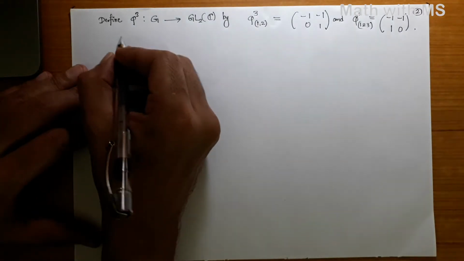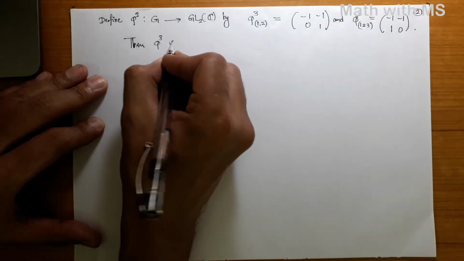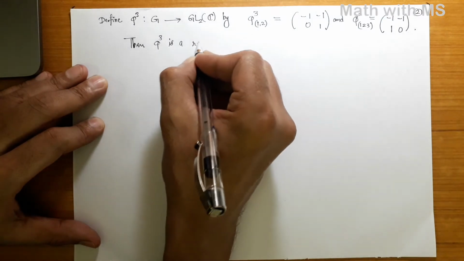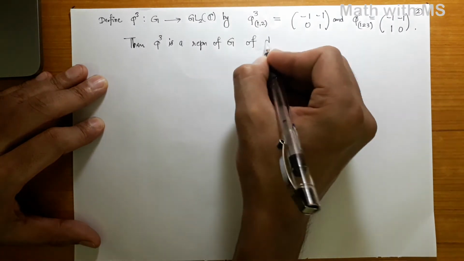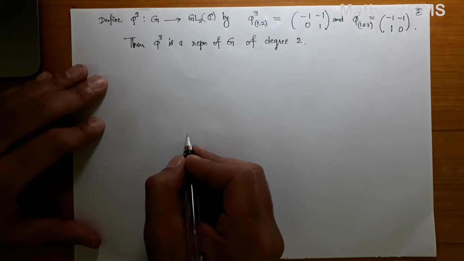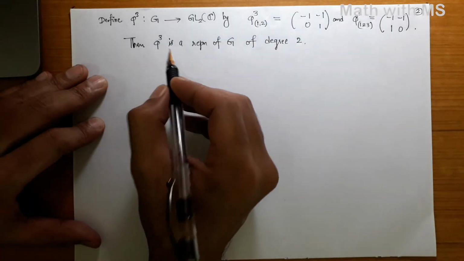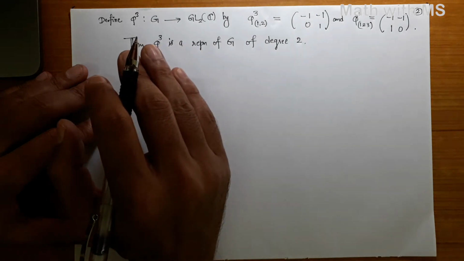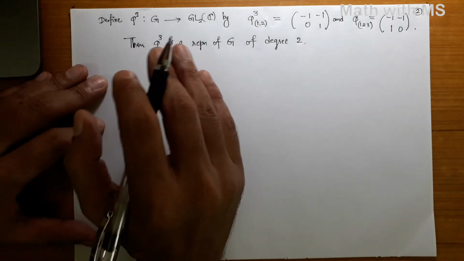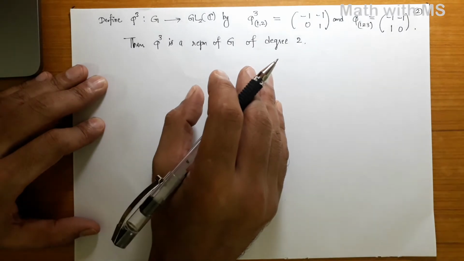Okay, then phi3 is a representation of G of degree 2, and if I can show that phi3 is irreducible, then I have found all inequivalent irreducible representations of S3.